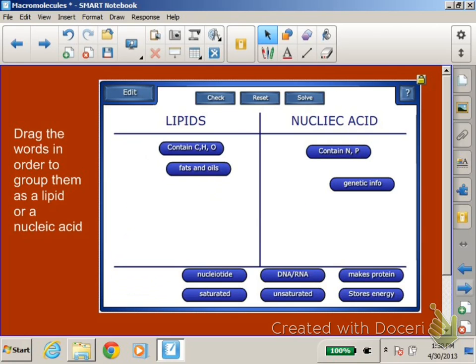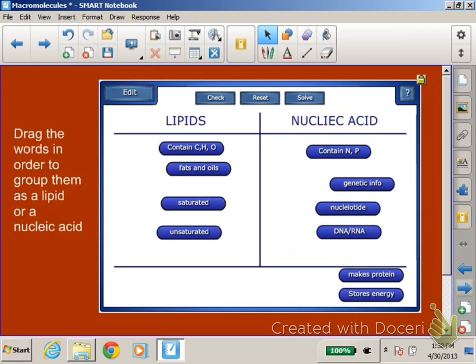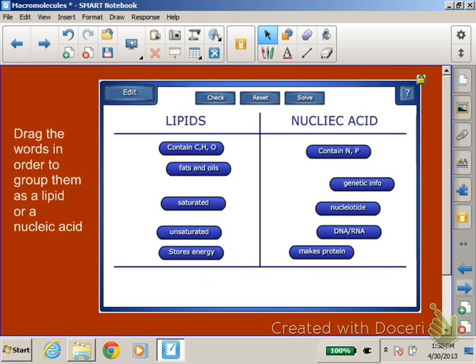Fats and oils go under lipids. Nucleotides go under nucleic acids. Remember, for your fats, you do have saturated and unsaturated. Nucleic acids are your DNA and RNA. The ones that make proteins are your nucleic acids, because remember, it goes DNA to RNA to protein. And then, of course, the one that stores energy would be your lipids. And that concludes our lesson on macromolecules.